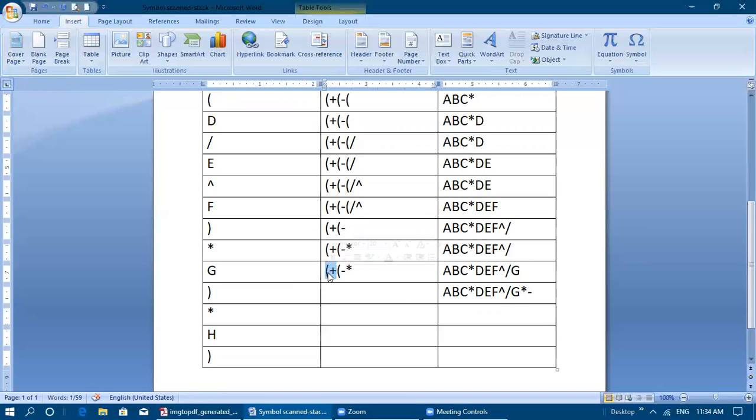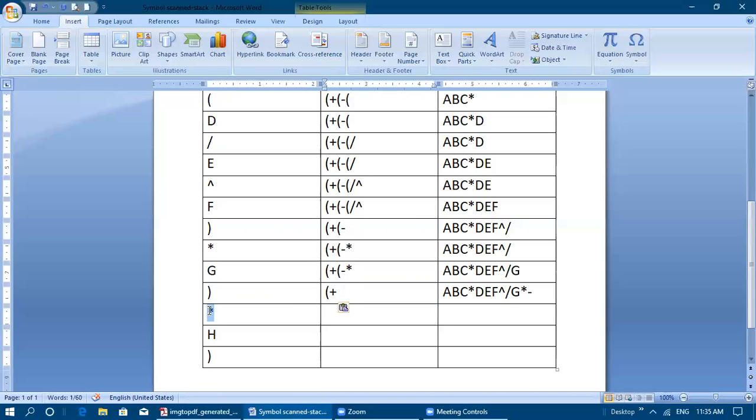So only the opening parenthesis and plus alone will be available after encountering this right parenthesis. Now we have this star, and we check whether the operator in the stack has the same or higher precedence than this star. Plus does not have the same precedence as star, nor higher precedence than this star.